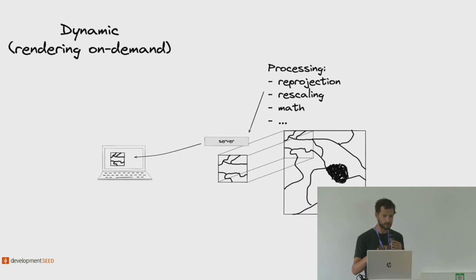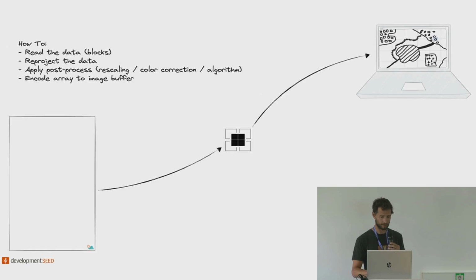And so I'm going to describe the process of dynamic tiling. So what are the things that you can do and the user can do. So first, how it works. It's pretty simple. You have a server in the middle between your map client and your raster data, and the server will read the part of the data it needs to create the map tiles, which means that when it reads the data, it also applies reprojection.